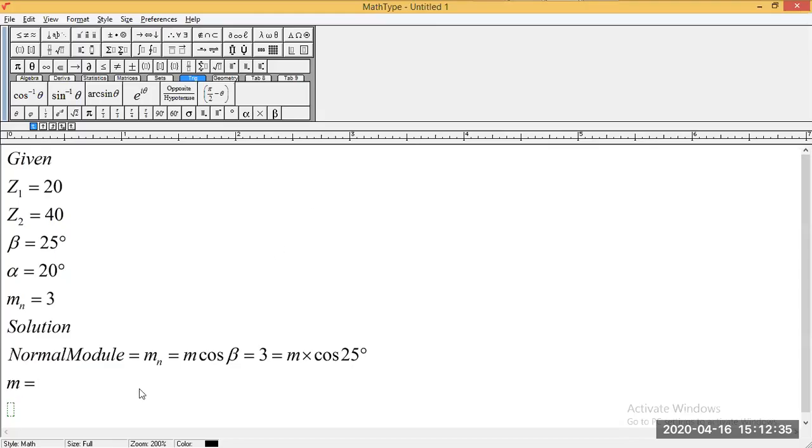A normal module is given, so we are finding the transverse, not normal. The normal module formula is this, and this is the transverse module. You can post it in the group what the value of m is.